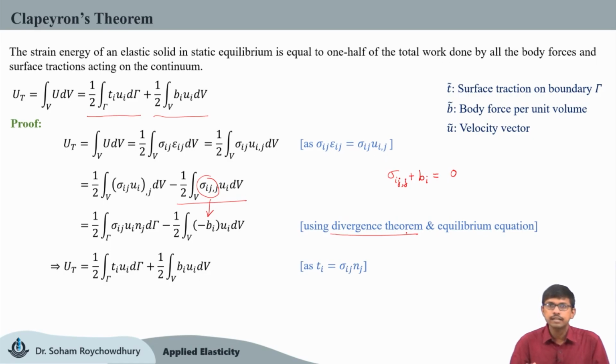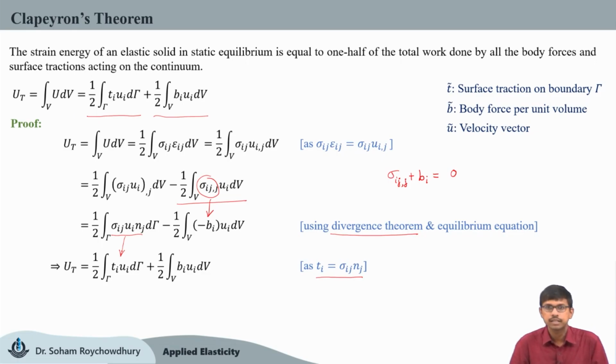By using the relation between the surface traction vector Ti and the stress component sigma ij, that is Ti equals sigma ij nj, which is replaced here, this becomes integral of Ti ui over d gamma by 2 plus integral of Bi ui over dV by 2, and this is equal to the total strain energy of the system.